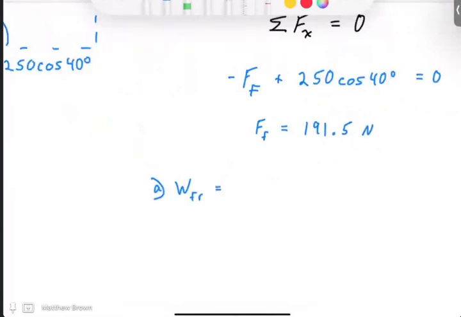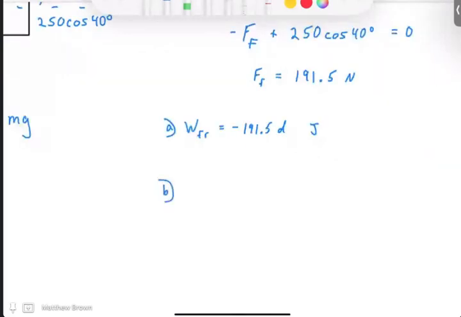It's negative 191.5 times whatever distance, so I'll just leave it as d. I don't want to forget my units. This is going to be in joules. Basically this is negative 191.5 joules per meter, really, but I'll leave the d there that way.